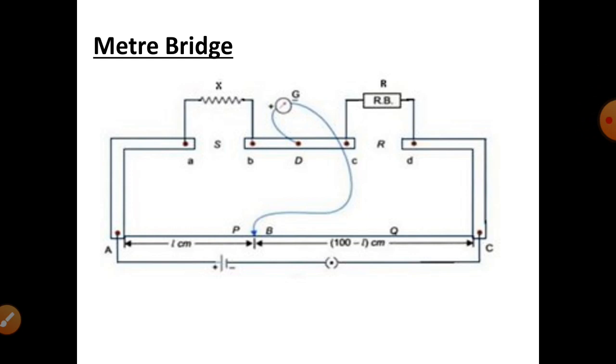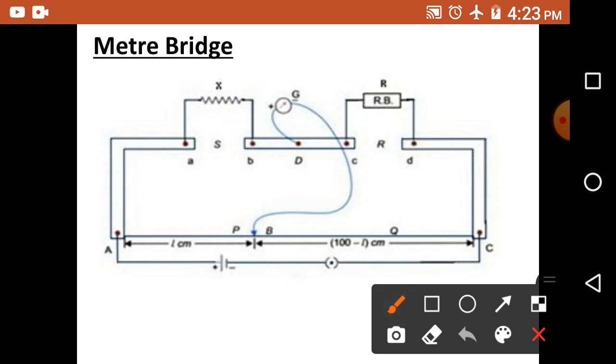Comparing both the circuit diagrams, this is point A of the Wheatstone network, this is point B, this is point C, and here we have point D. Like in the Wheatstone network, there is a galvanometer between point B and point D. In the Wheatstone network, we have four resistances R1, R2, R3 and R4. Similarly, the meter bridge also has the four resistances R1, R2, R3 and R4.